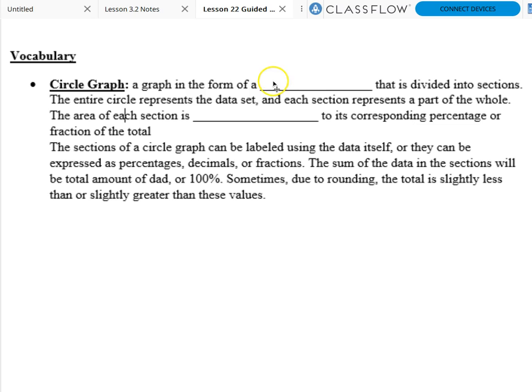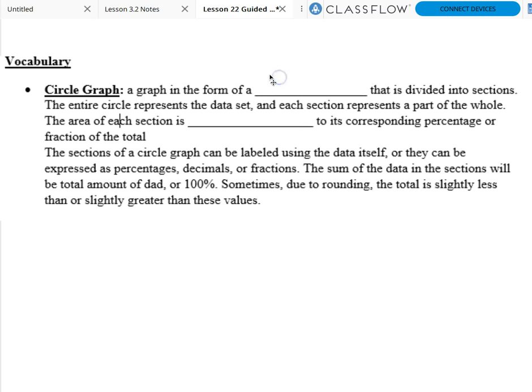This is obviously a graph that's going to be in the form of a circle, right? That's why we call it a circle graph. It's divided into sections. The entire circle represents the entire data set. Each section represents a part of the whole. The area of each section is proportional to its corresponding percentage.